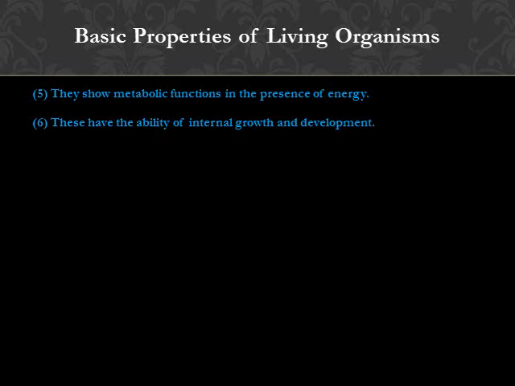So they have the capacity of doing metabolic activities, but for doing the metabolic activities, they need energy, that too in the form of ATP. They have the ability of internal growth and development as a result of the metabolic activities.